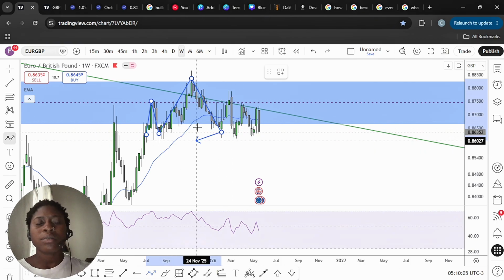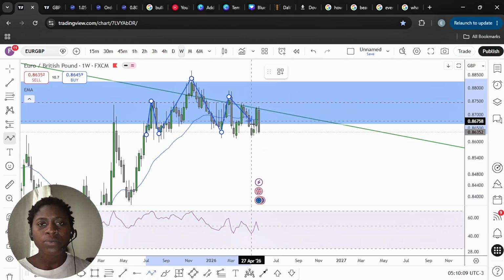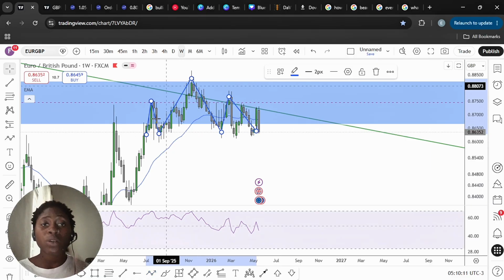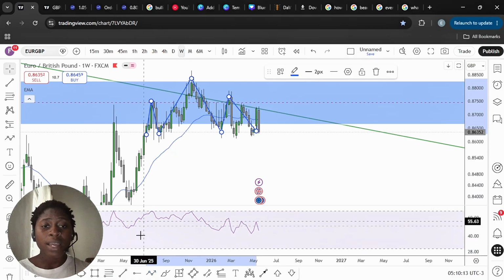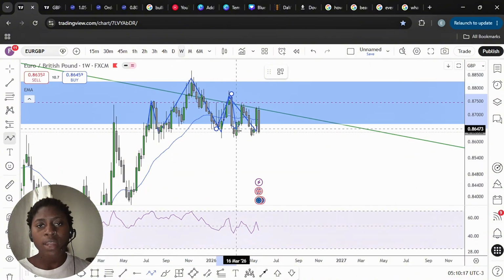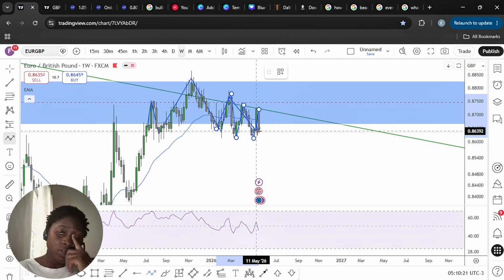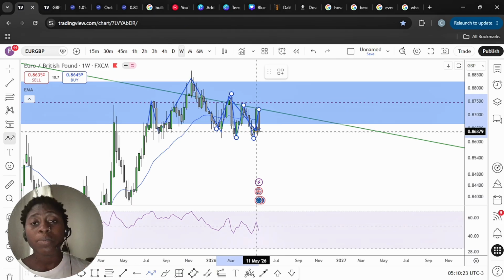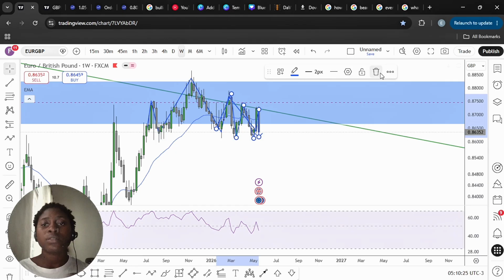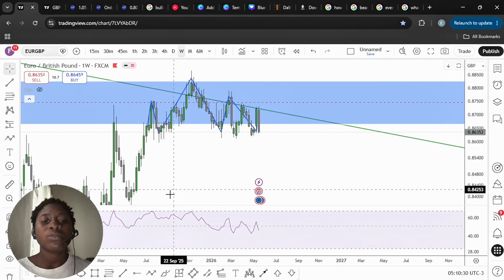So inside of this big head and shoulder pattern, this is the right shoulder. If we go to a lower time frame, like the daily time frame, we would realize that this is also a head and shoulder, or double or triple top. All these are signs of a reversal.